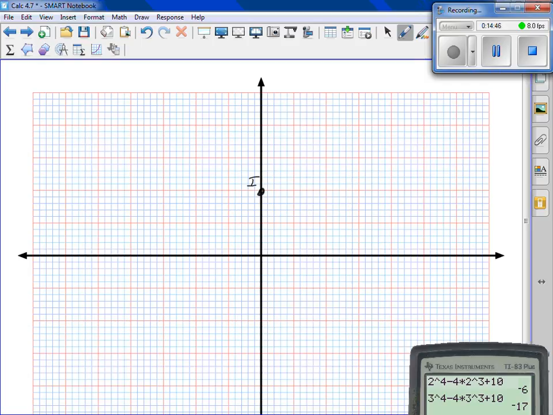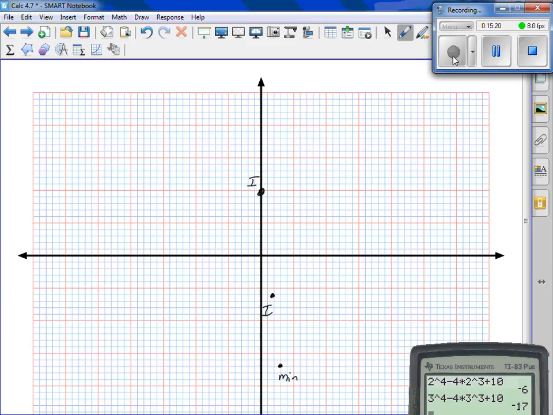The next one was 2, negative 6. So 2, negative 6. That was an inflection point. And the last one was 3, negative 17. And this one here is a minimum point. So graph those 3 points.